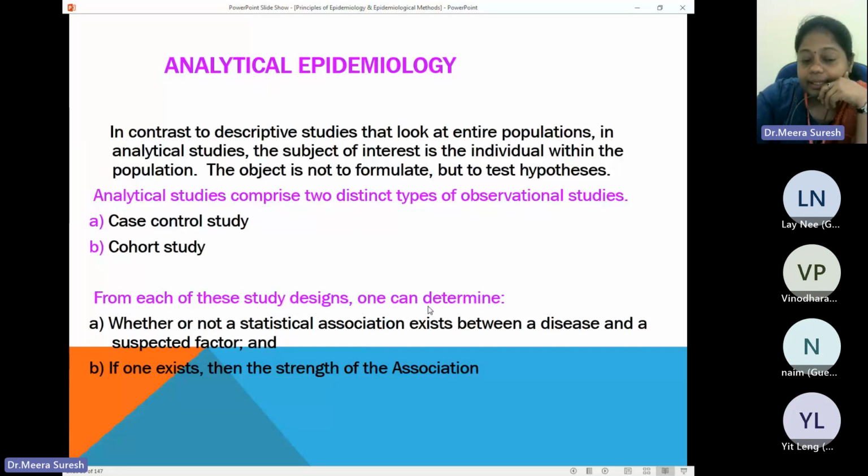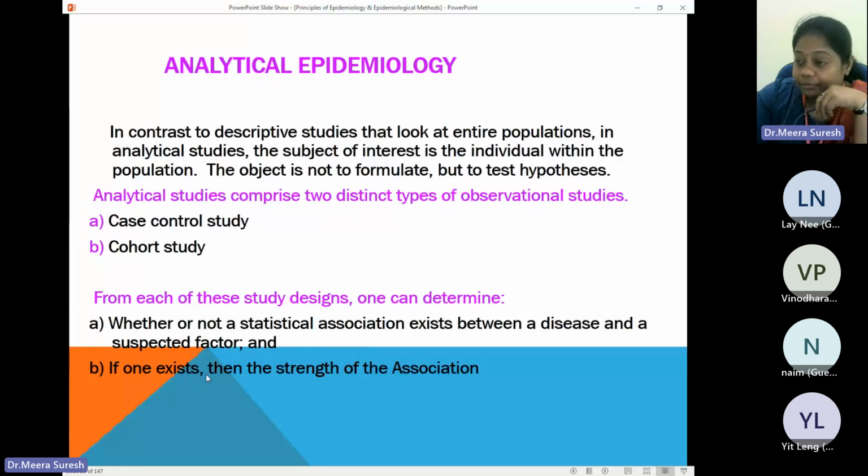From this we can understand whether or not a statistical association exists between the disease and a suspected factor, whether that association is statistically proved or not.